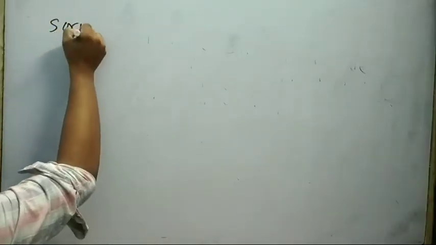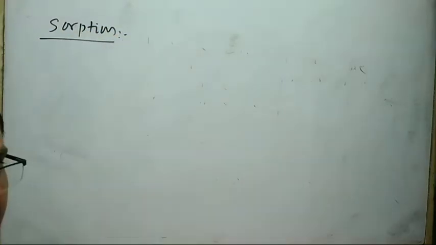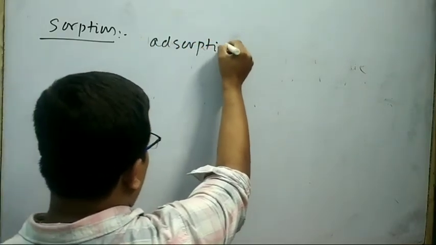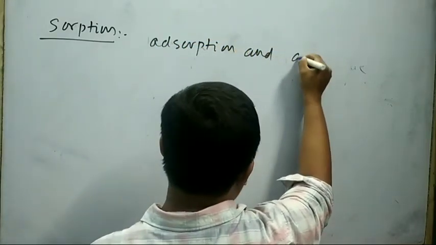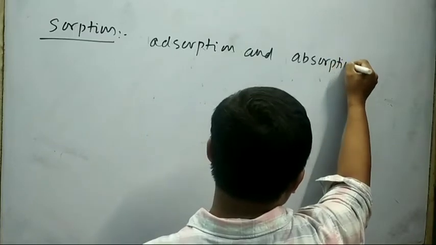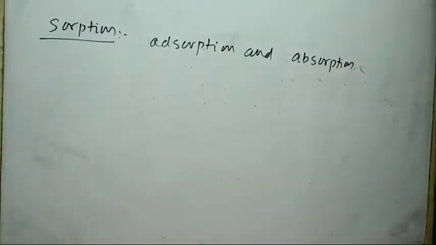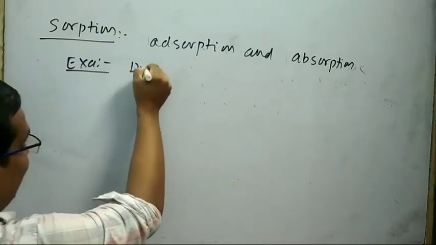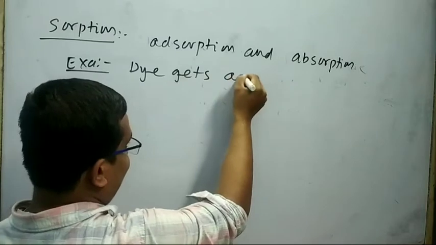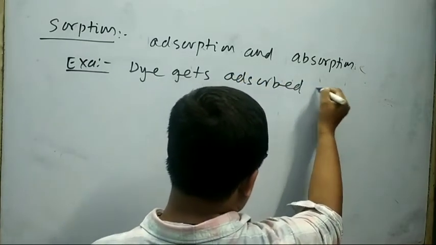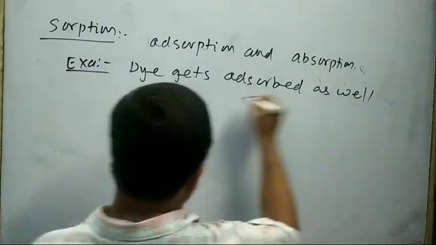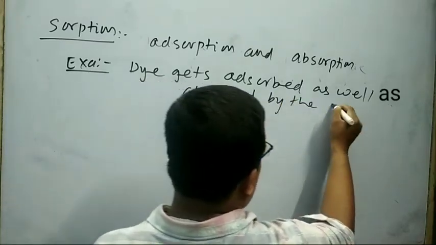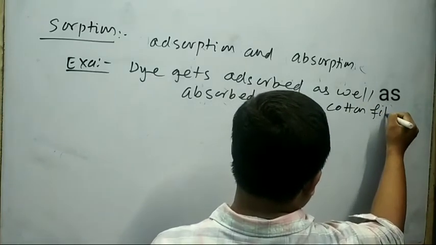Next I will discuss sorption, a process in which both adsorption and absorption take place. That type of process is called sorption. An example of sorption is dye gets adsorbed as well as absorbed by cotton fibers.